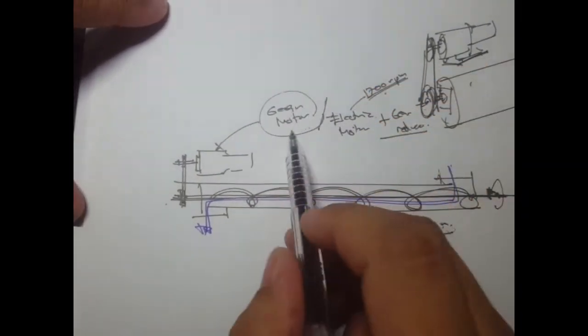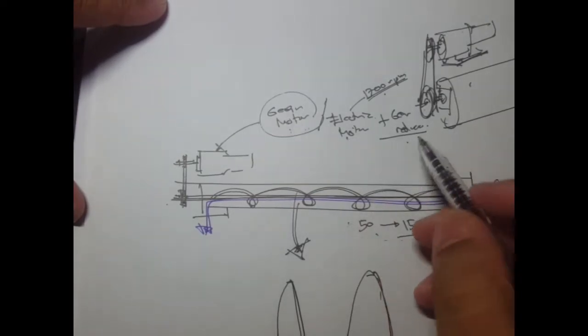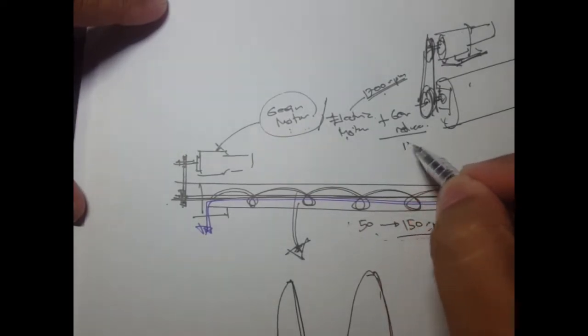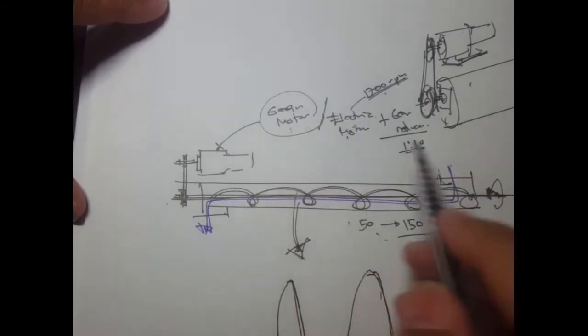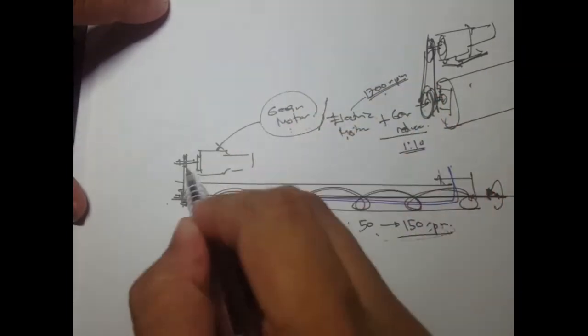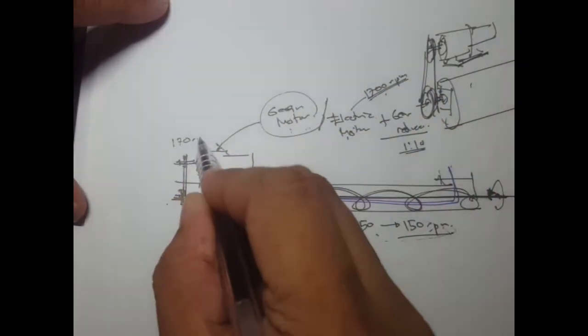Okay, so as I've said, a gear motor is an electric motor with a gear reducer, and this gear reducer has a ratio, let's say 1:10. If it's 1:10, instead of having 1700 RPM, probably the output here is 170 RPM.